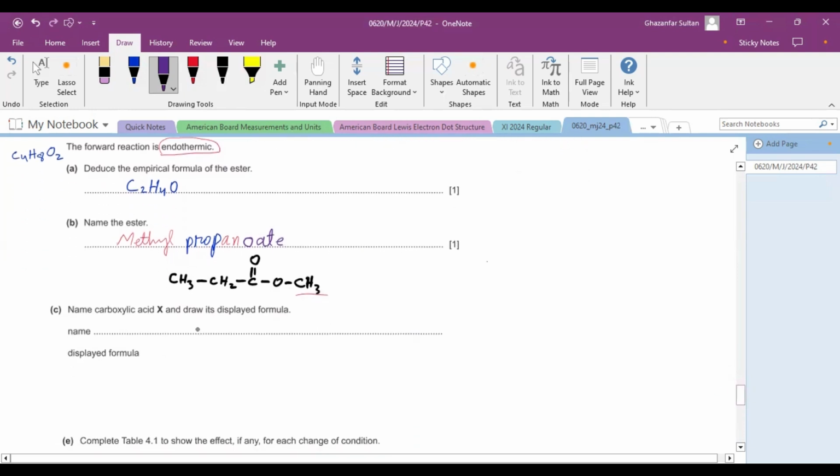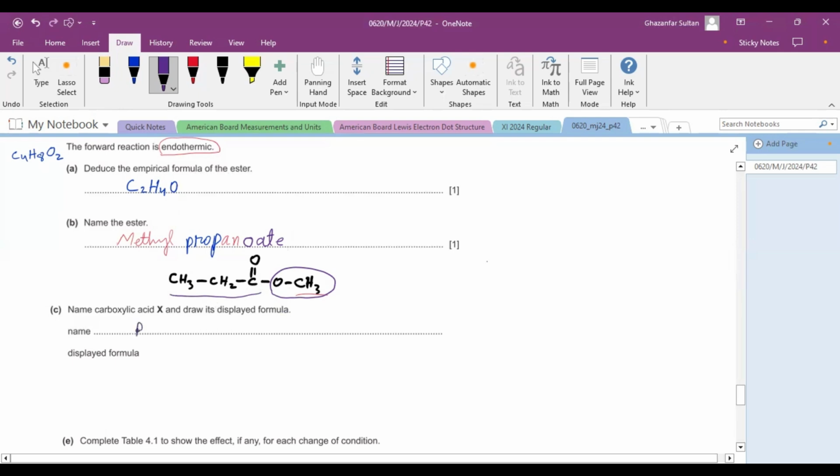Now name the carboxylic acid and draw its displayed formula. So you can see here, again I'm telling you the same thing, that this OCH3 part comes from an alcohol and this part from the carboxylic acid. So how many carbons are there? 3 carbon atoms.